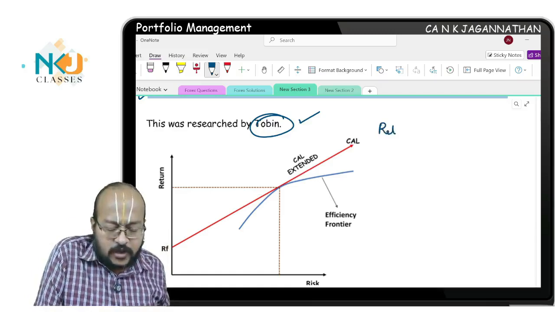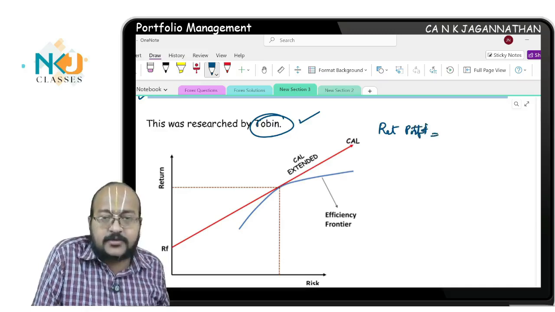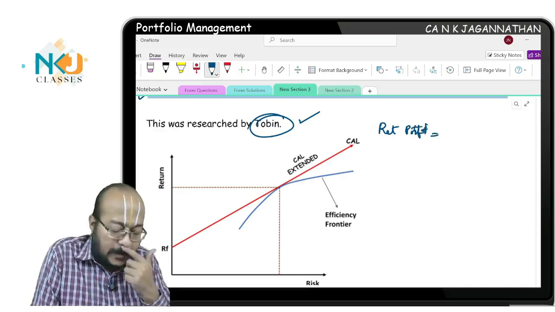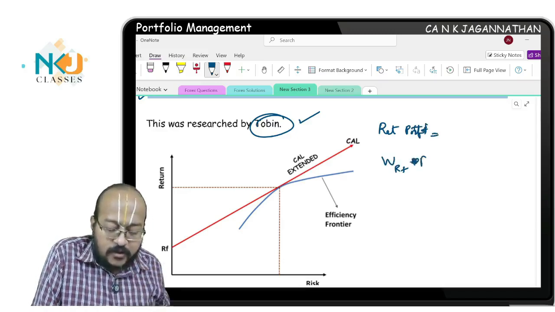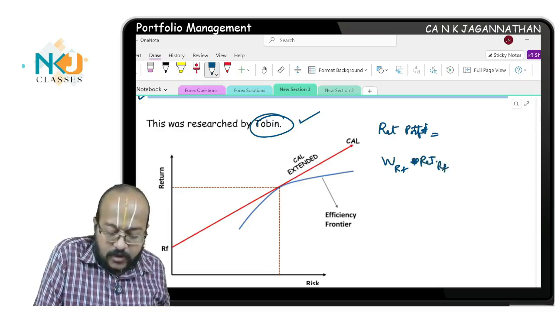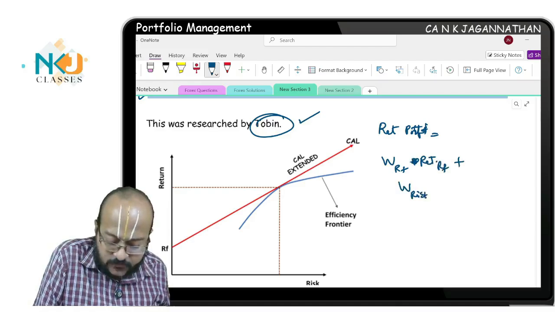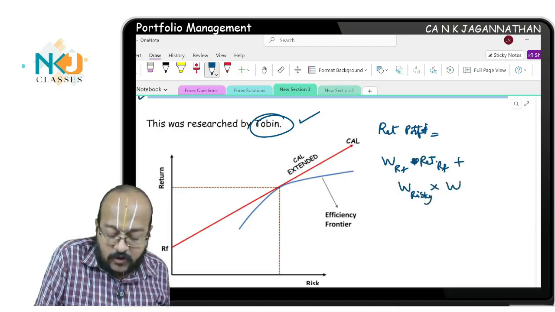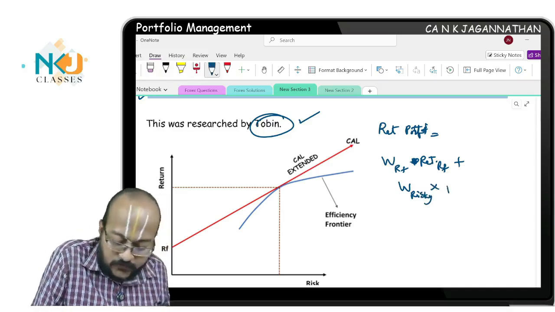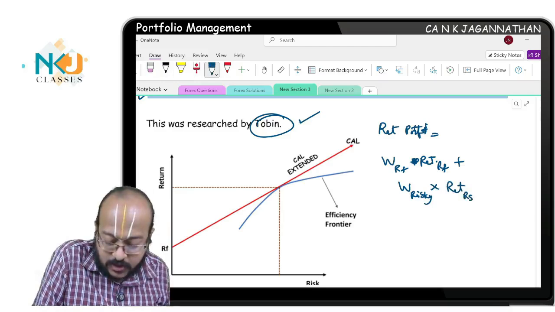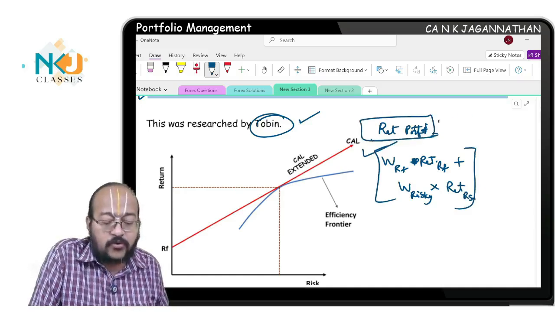The return of the portfolio is nothing but the weighted average return of the individual securities inside my portfolio. That is, weight of RF into return of RF, which is the risk-free return, plus weight of the risky asset into return of the risky asset, RS. This is what you call the portfolio return.